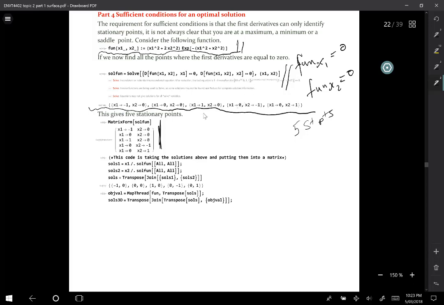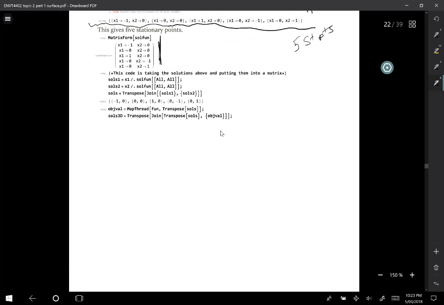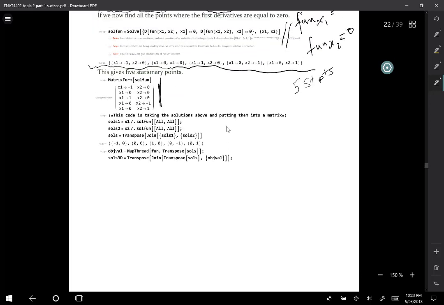Okay, so that's a nasty function, lots of stationary points. So then the question is, what's the nature of these stationary points? Are they maxima? Are they minimum points, minima, or are they saddle points, which we've mentioned but we haven't really analysed in any detail?